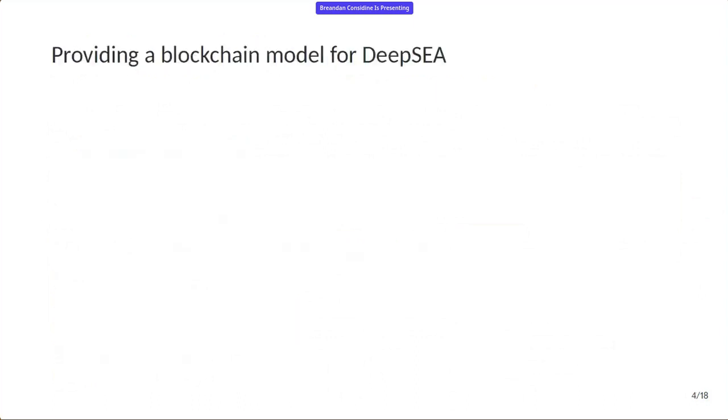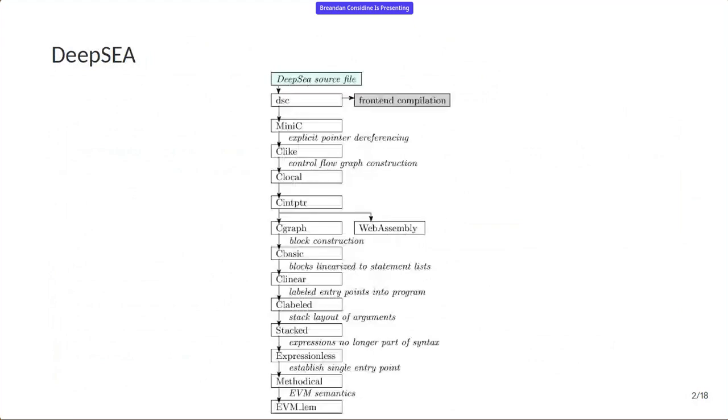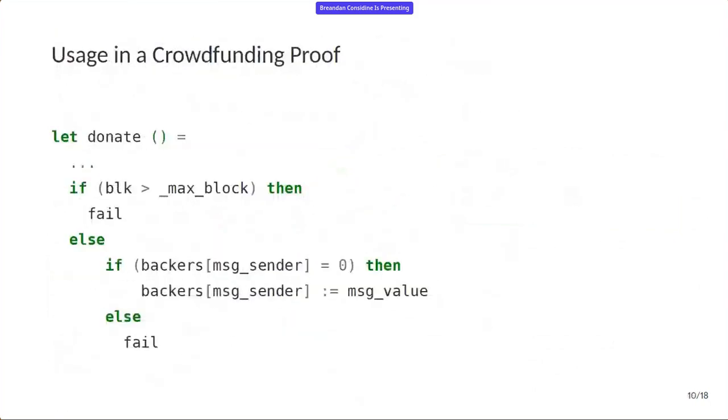Right. So what DeepSEA does is it generates a definition. It takes the code that looks like this, and it generates a version in Coq, and that version has a refinement proof down to the bytecode.